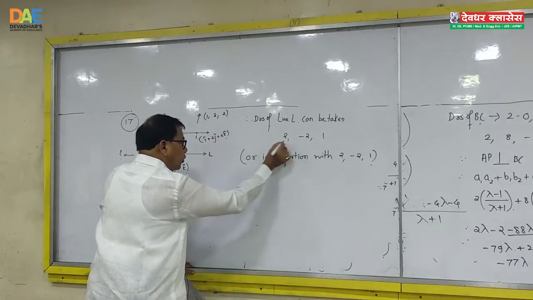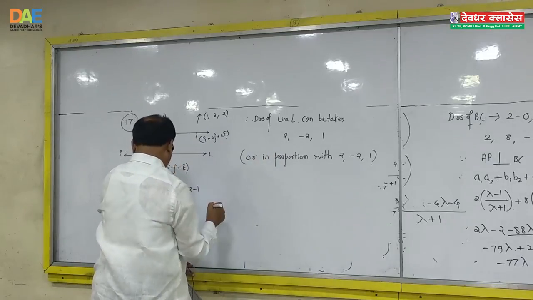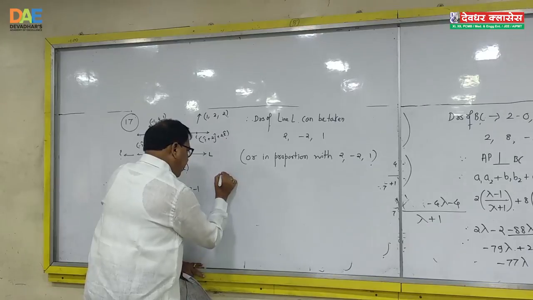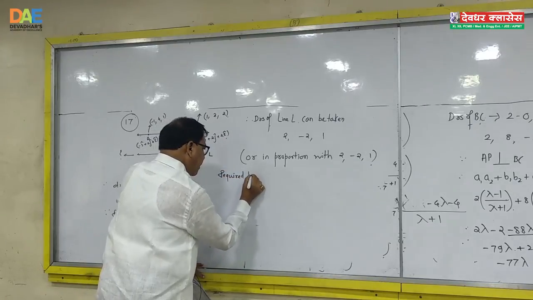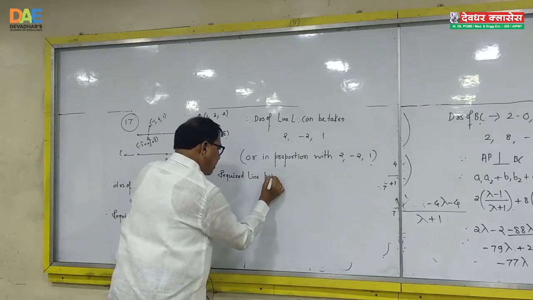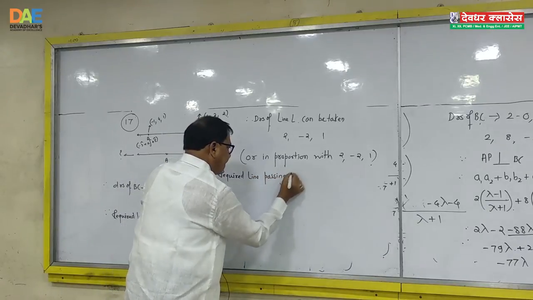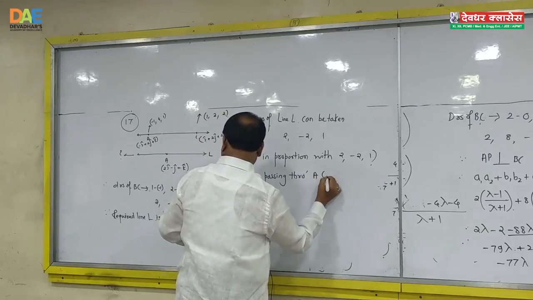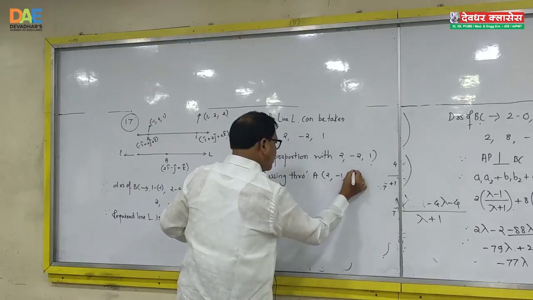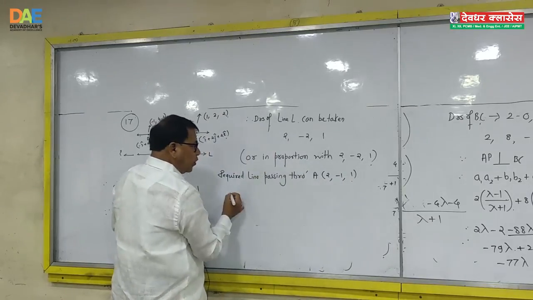Correct? 2, -2, 1. Now the DRs are known, and the required line is passing through A(2, -1, 1), and the DRs are known.